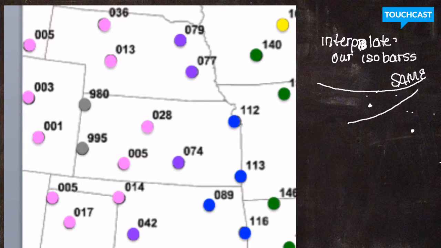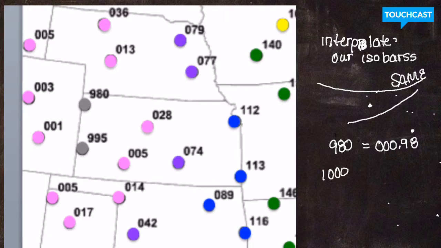So let's start with our 2 gray dots that we made, and we have it as 980. Well, that might be kind of confusing to me, because I'm thinking, well, how does this fit into the 1,000 millibar thing? So what this really equals is 000.98.